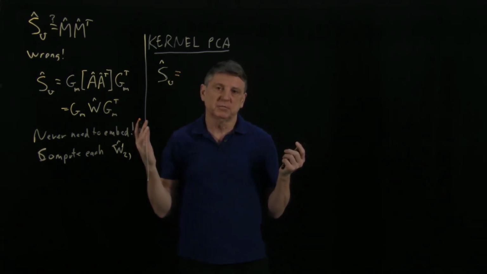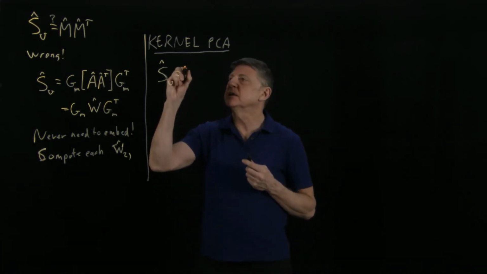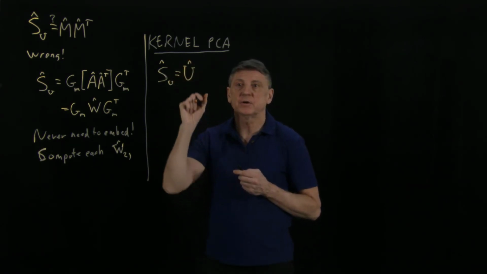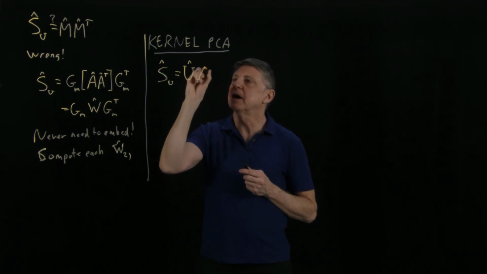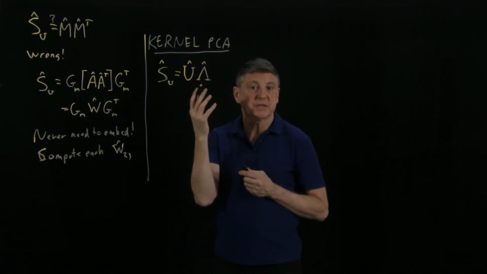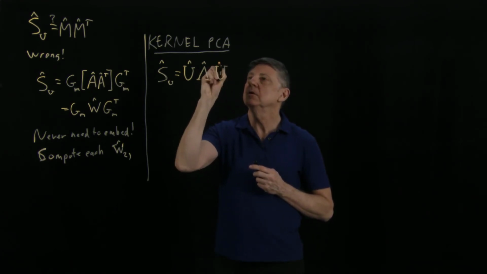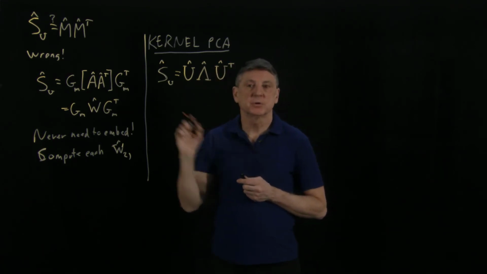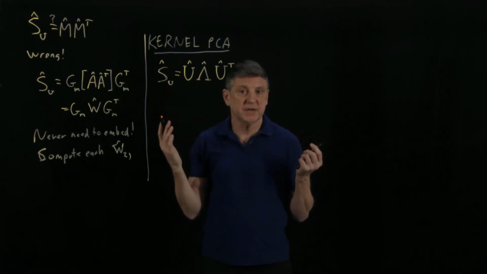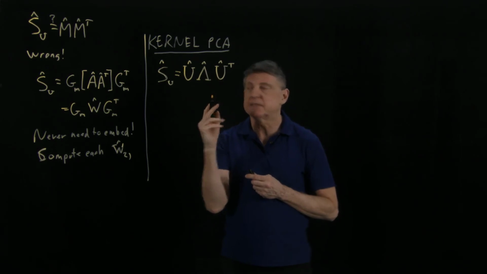And we would usually write the orthogonal matrix as Q. For clarity, let's write this as U hat, because this is coming out of the singular value decomposition. And then this will be times some lambda hat, which is a diagonal matrix that has the eigenvalues, times U hat transpose. So this matrix is symmetric positive semi-definite. That means it's guaranteed to have a spectral decomposition, and the spectral decomposition must look like this.